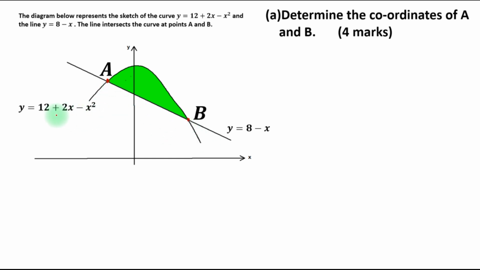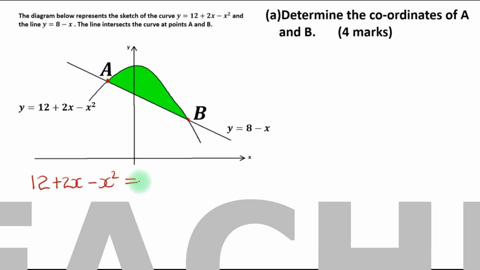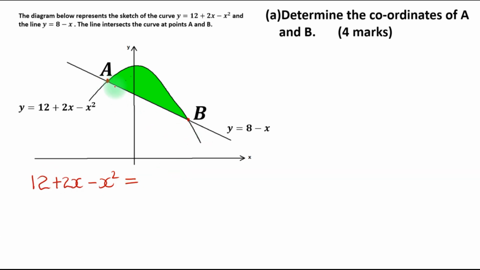Therefore, we are going to equate the two equations. The first equation is y is equal to 12 plus 2x minus x squared. We equate it to the second one, since the point of intersection for the two will be the same, is equal to 8 minus x. So we can simplify this and rearrange it like that.